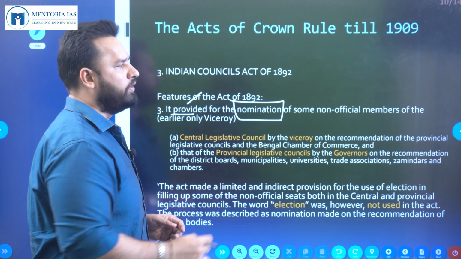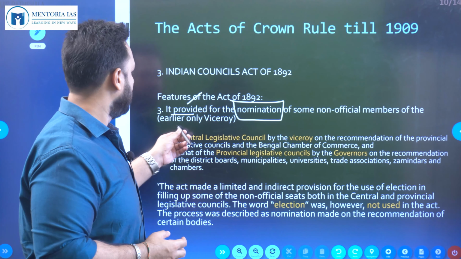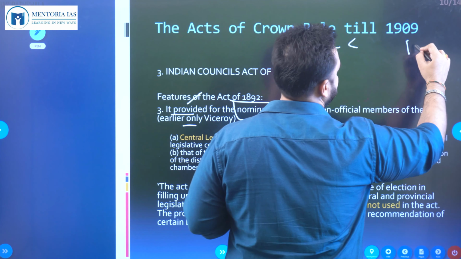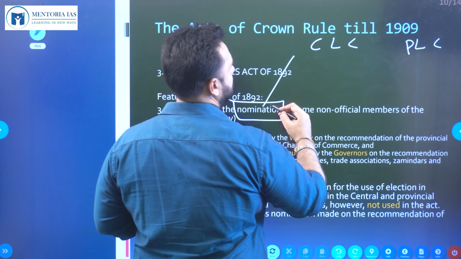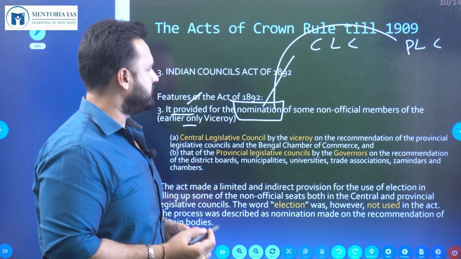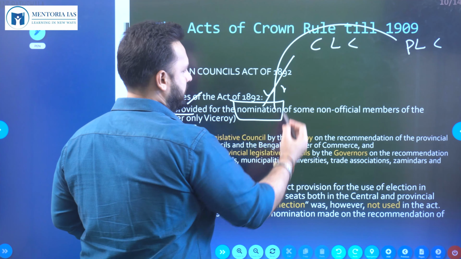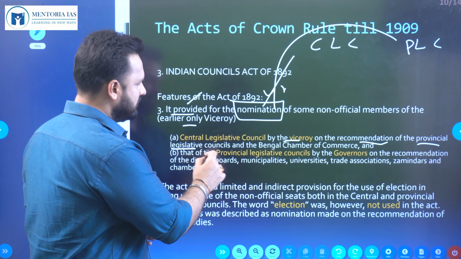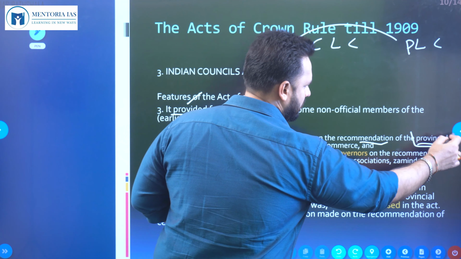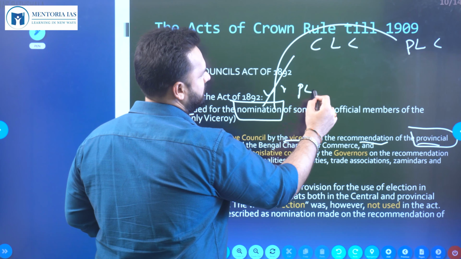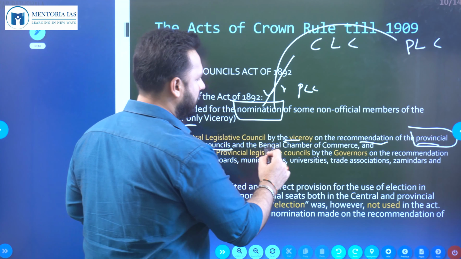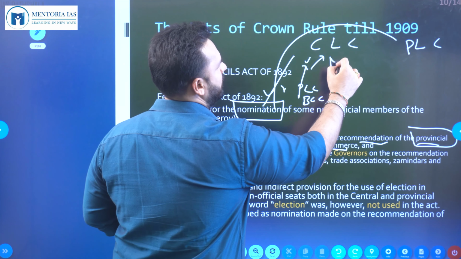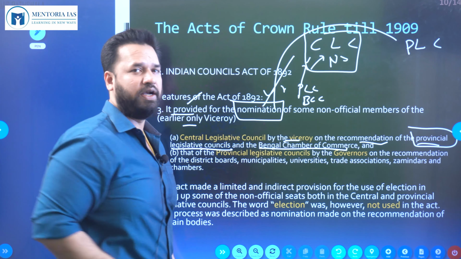It said you can nominate some non-official members to both the Central Legislative Council and the Provincial Legislative Councils. The Provincial Legislative Councils can recommend, plus at the same time the Bengal Chamber of Commerce, BCC, will recommend to the Viceroy, and the Viceroy will nominate to the Central Legislative Council.